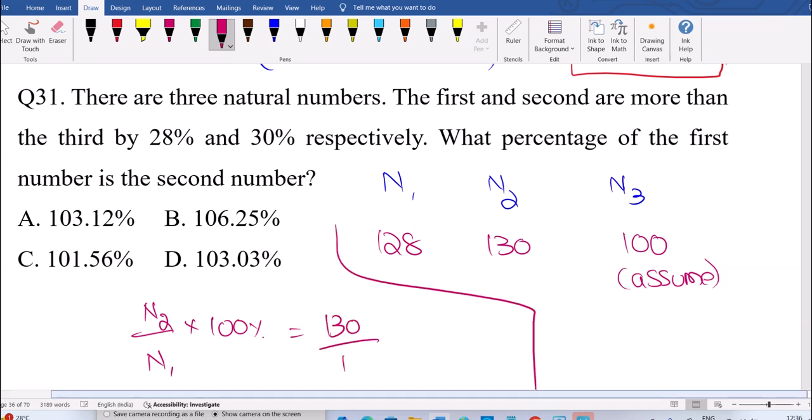So 130 out of 128 into 100. Calculations need to be careful. So 65 divided by 64.